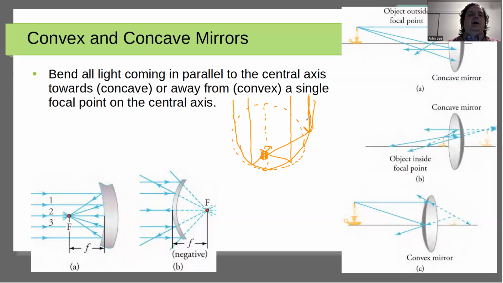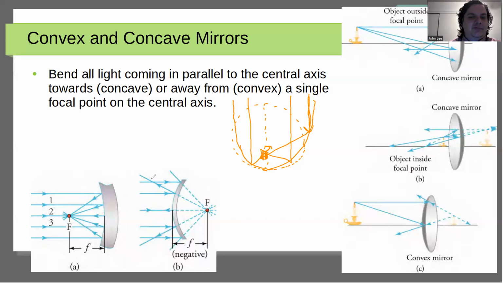So for a convex mirror, which is the mirror that you see on figure B on the bottom left-hand corner, the focus is actually behind the mirror, and the light is scattered away from that focus, so that it looks like the light came from the focus behind the mirror, when in reality this light never passed from behind the mirror.